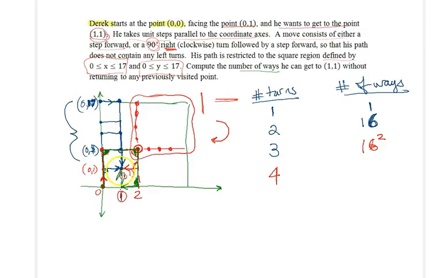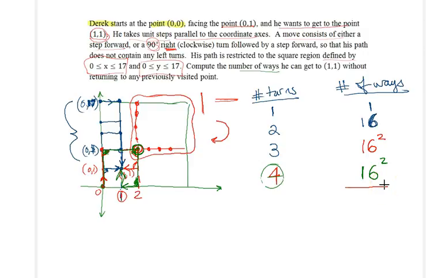Surprisingly enough, this point on the upper right corner of our track actually uniquely defines this track. You can convince yourself that there is no other way to create a successful path. So when you have 4 turns, the number of ways is again 16 squared.